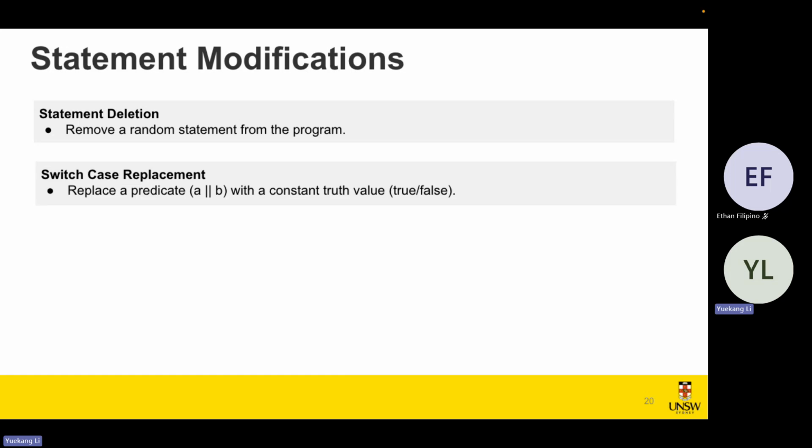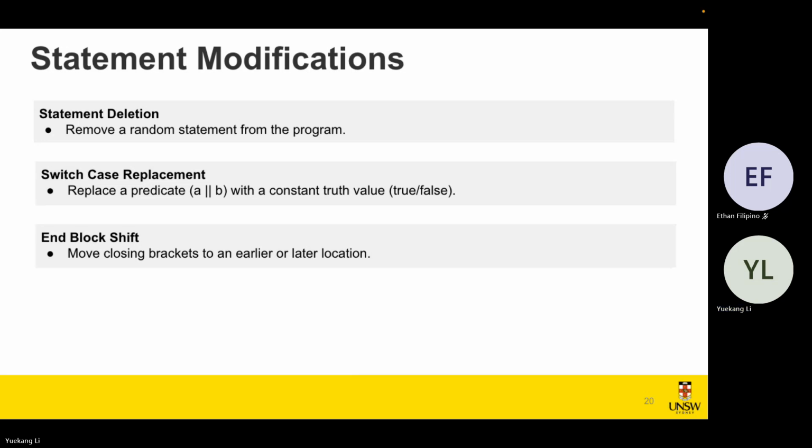We can replace some interesting statements like the statements in the switch cases, or for the end block of a compound statement like if, for loops or while loops, we can move the closing bracket to include some statements in the code block, or we can remove some statements outside the code block, right? By moving the closing bracket here. And for Python, we just move the indentation of the statements.